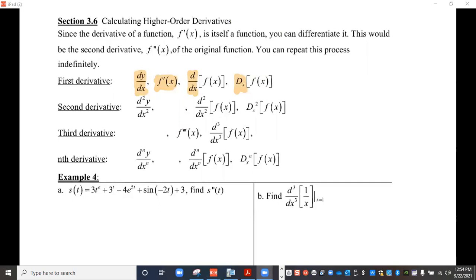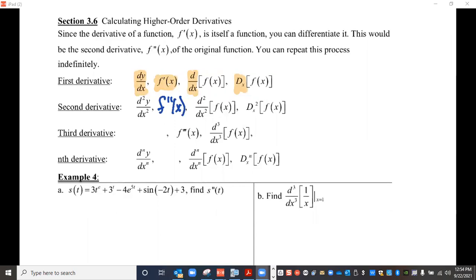So to indicate the notation for the second derivative, if you're using the notation dy dx, you'll see this exponent d2y over dx squared. If you're using the prime notation, you may see the 2 hash marks, f double prime of x. And then you have those upper indexes with those other notations to indicate the second derivative.